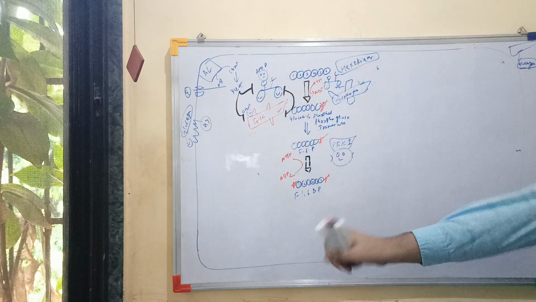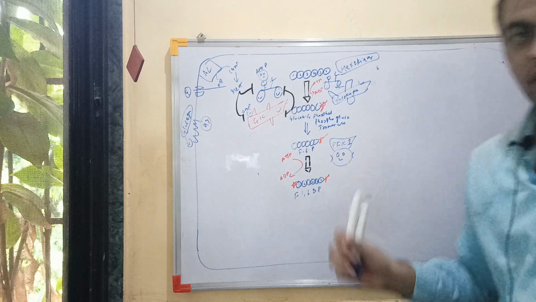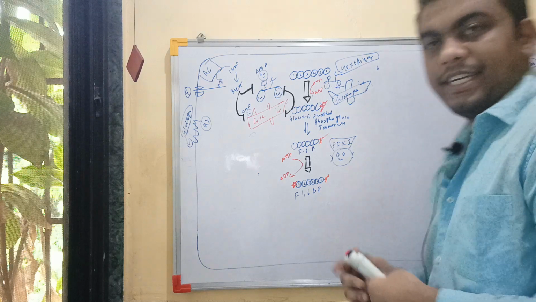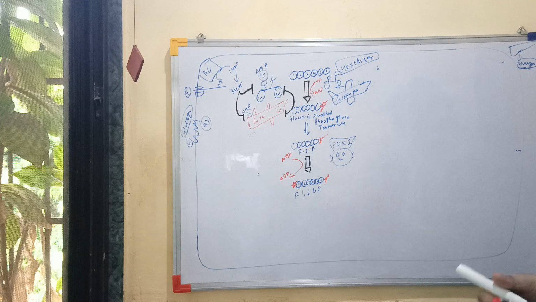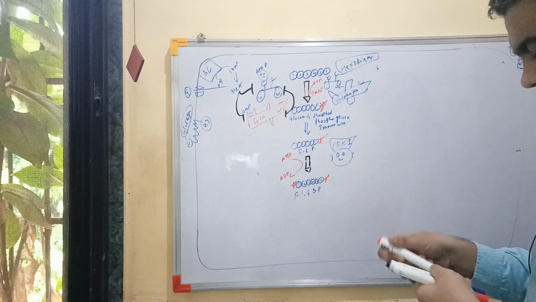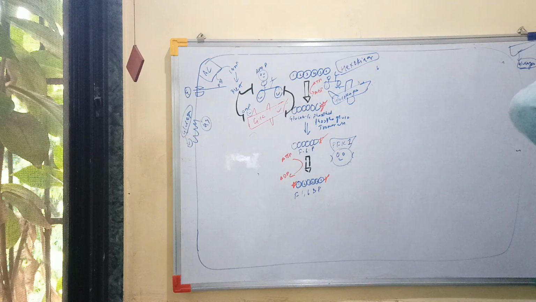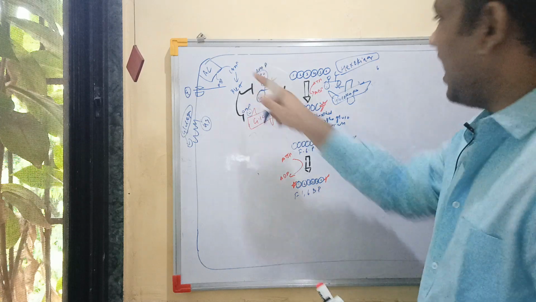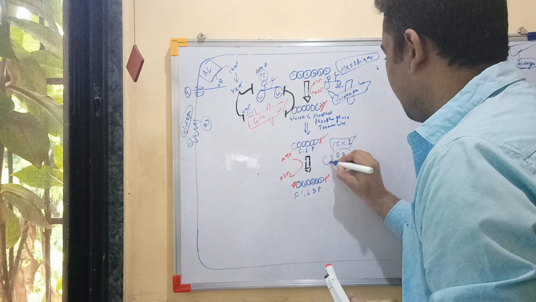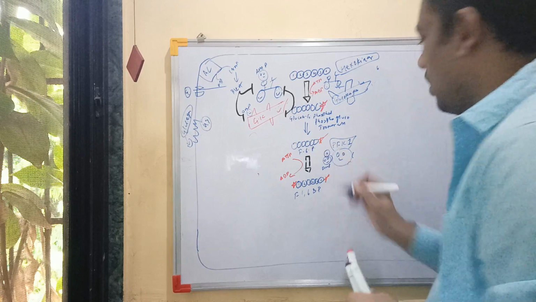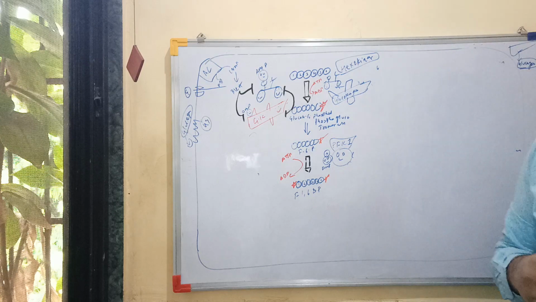Okay, so let's understand the regulation of this enzyme. Now this enzyme is regulated, of course; it has some different pockets over here. If you talk about activation, AMP comes over here and activates. So AMP is an activator for this enzyme.